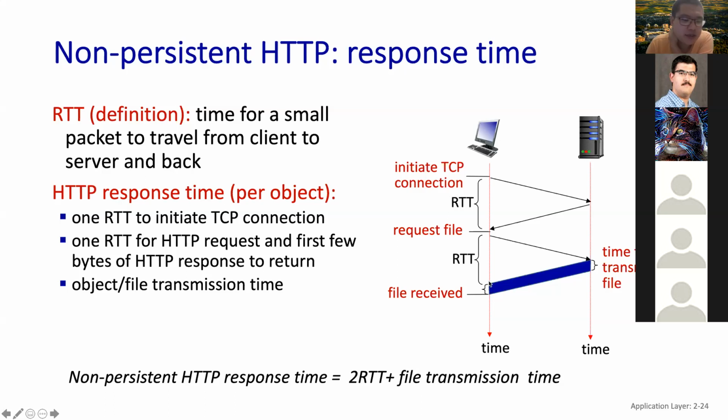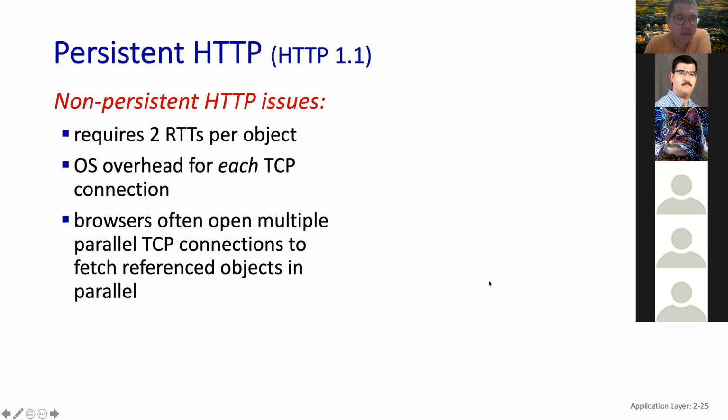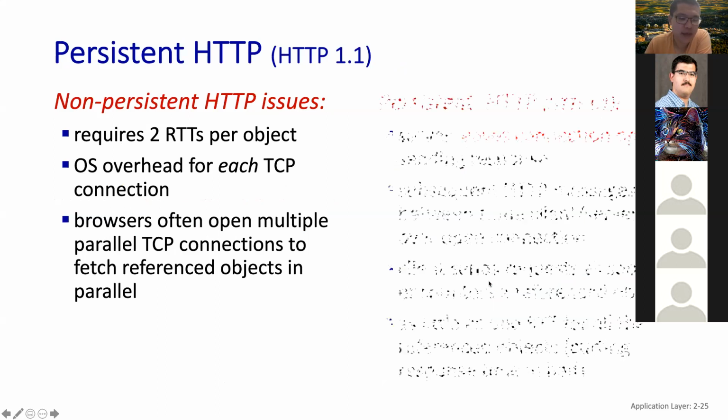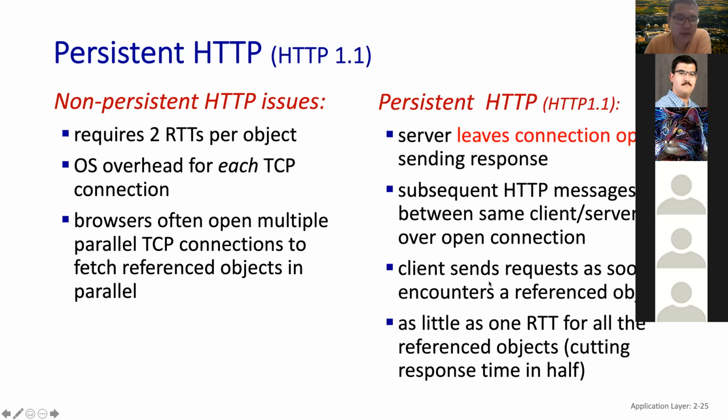The main difference is that for non-persistent HTTP, when you open the TCP connection, generally speaking, you send one object or file one time. After that, you need to close the connection. But for persistent HTTP, you keep the connection and you can send and receive multiple HTTP requests and responses, right? That's the main difference.